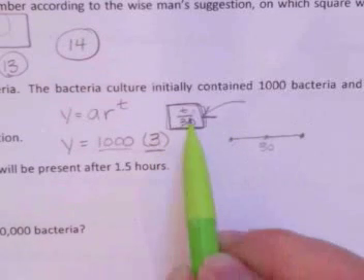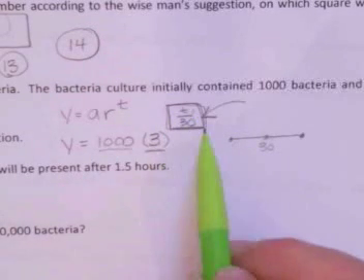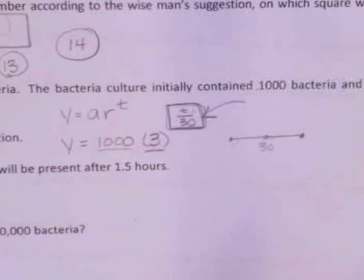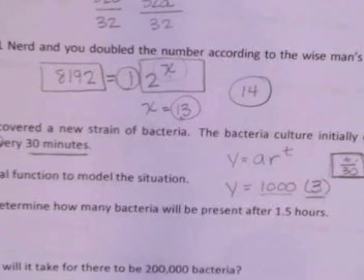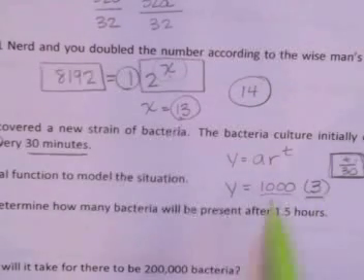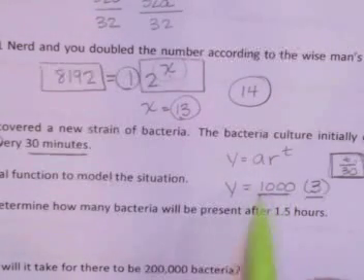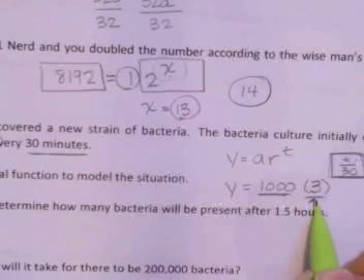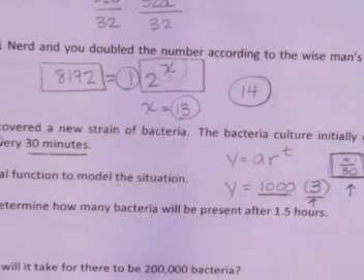If I put in 60, the exponent would resolve to 2, and that would give me 2 triplings. Let's go back and read the question and make sure that makes sense. A scientist has discovered a new strain of bacteria that initially contained 1,000 bacteria, and the bacteria are tripling every 30 minutes. That makes sense to me.